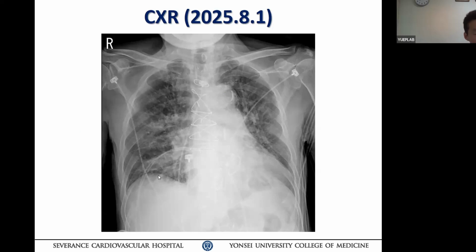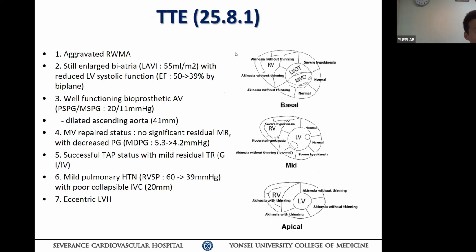It shows pulmonary edema and some cardiomegaly. And this is his echo report. As you see, there is a regional wall motion abnormality in the inferior septal area and the apex, and the EF was aggravated from 50% to 39%. Fortunately, there was no significant abnormality in the valvular function.